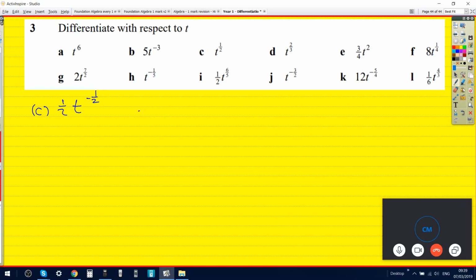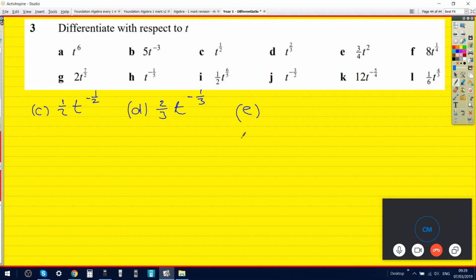Let's say D. 2/3 t to the power of minus 2/3. What's 2/3 minus 3/3? Minus 1/3. Yeah. 1 is the same as 3/3.